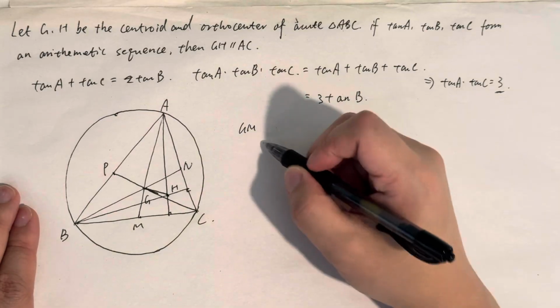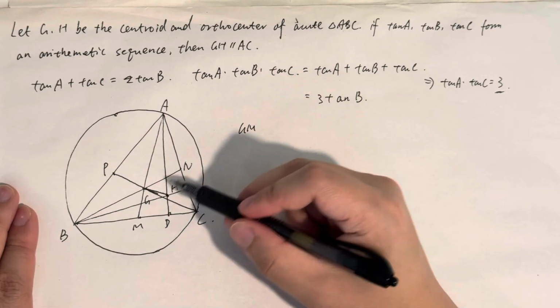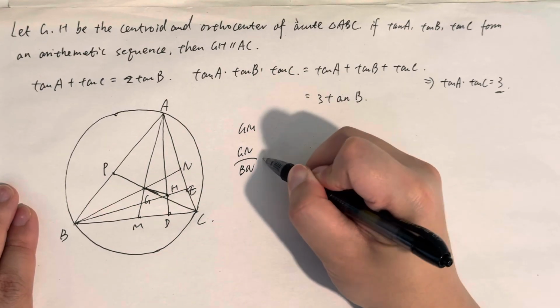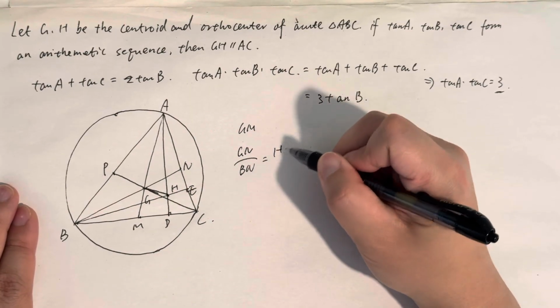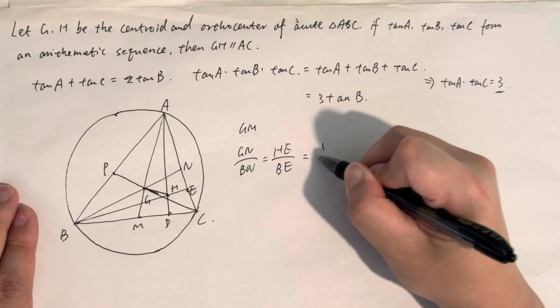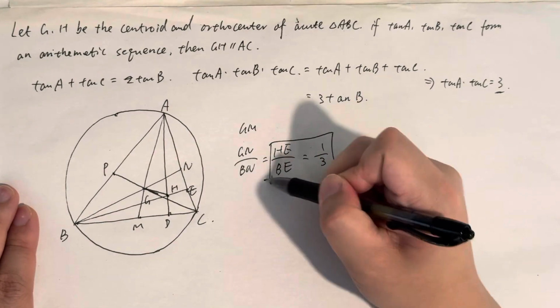So we just need to prove that GN to BN equals HE to BE equals 1, 2, 3, right?